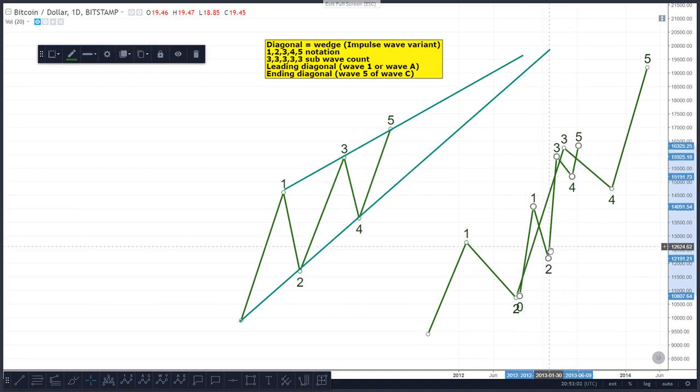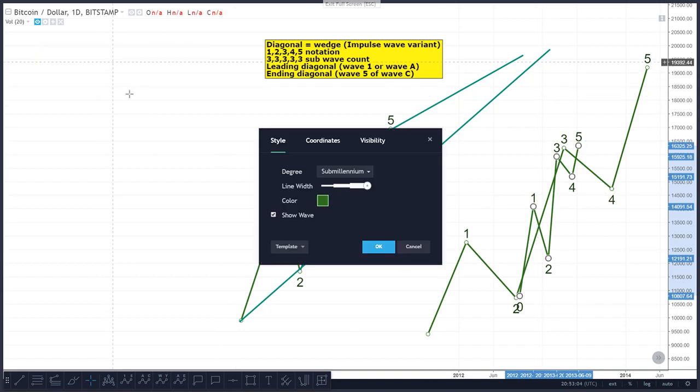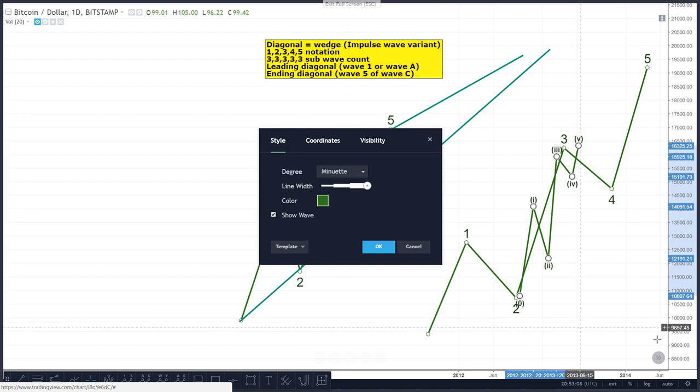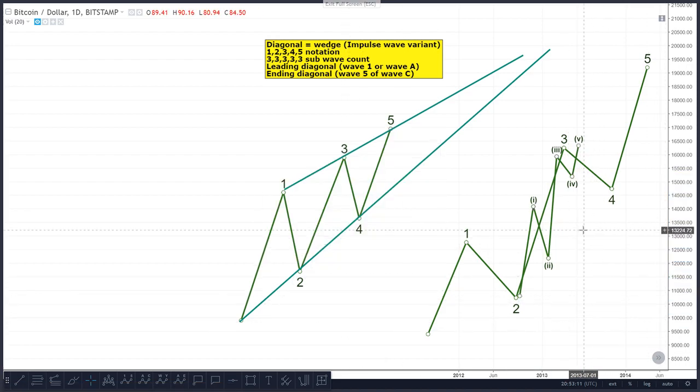So this is on a lower degree. Let's just change that, that'll do. So we've changed the wave count. So wave 3 is made up of this 1, 2, 3, 4, 5.